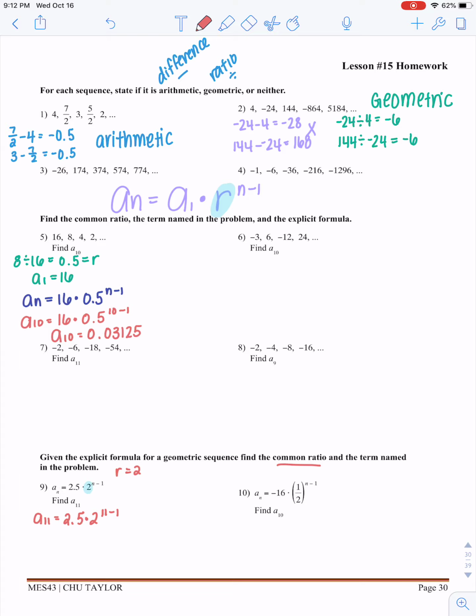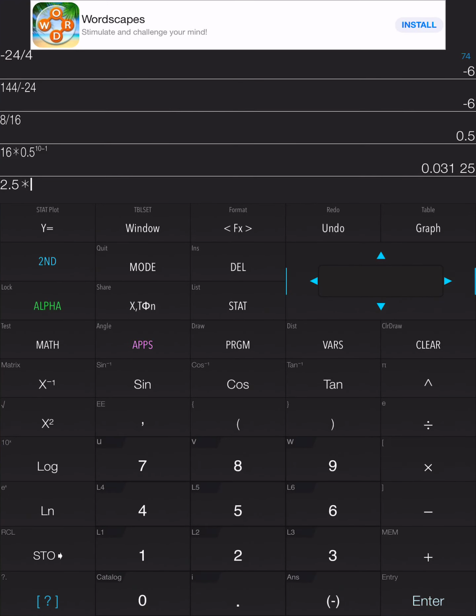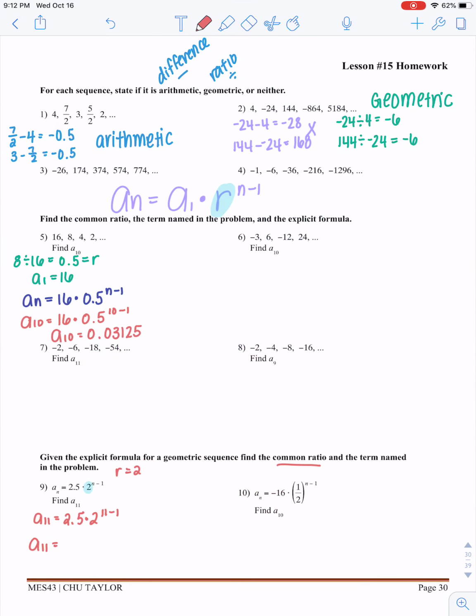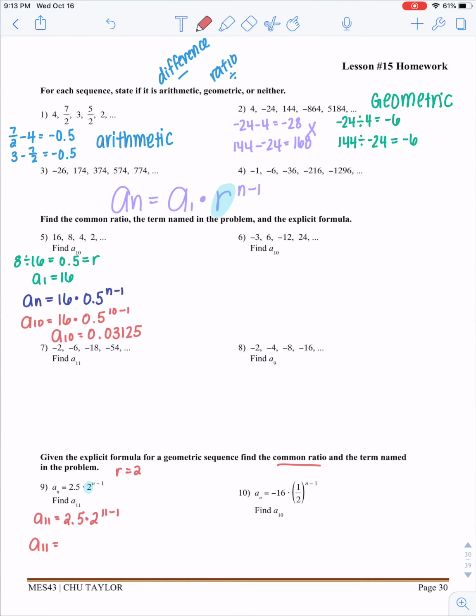And we're going to put that into our calculator. So the 11th term is equal to 2.5 times 2 to the 11 minus 1. And we get 2,560. So our 11th term is 2,560. Go ahead and finish these other problems by yourself.